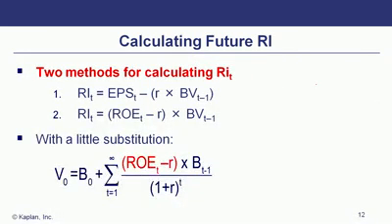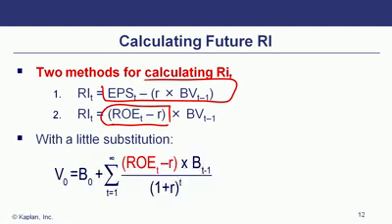So there are two methods for calculating residual income. This is the method that we just showed. And then notice I can take ROE and just subtract the fair return. You'll notice if I multiply the book value into here, it equals the equation up here, because ROE times book value at t minus 1 is EPS, right?